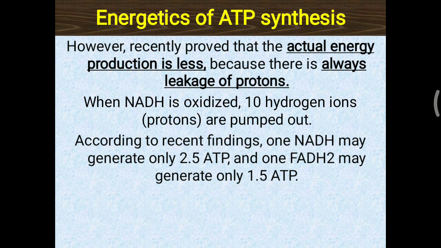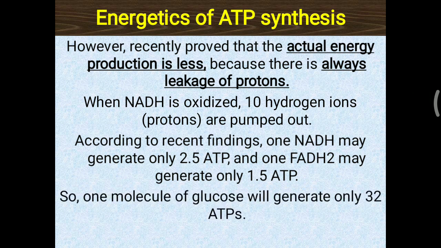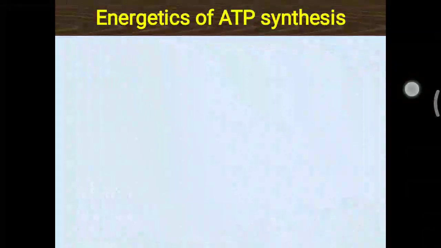Previously we thought 3 for NADH and 2 for FADH2, but as per the recent findings, NADH generates only 2.5 and FADH2 only 1.5 ATP. So one molecule of glucose will generate only 32 ATP, which is quite lower compared to the previous calculation. We will look at that also.